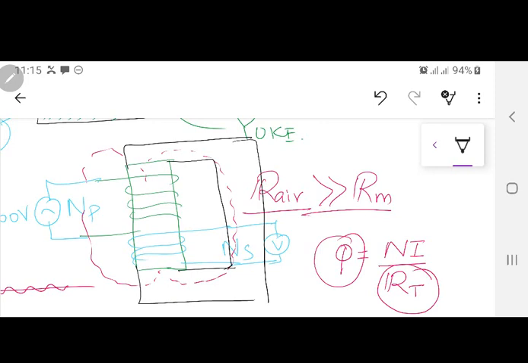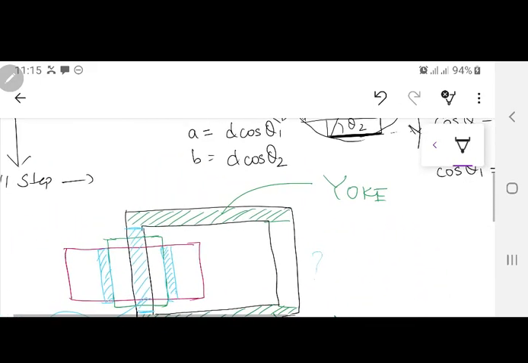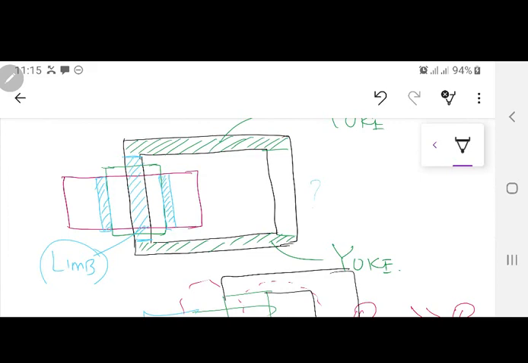Iron has a relative permeability in the range of 1500 to 2500. So theoretically speaking, you need a yoke. The yoke is a very important part of the device.